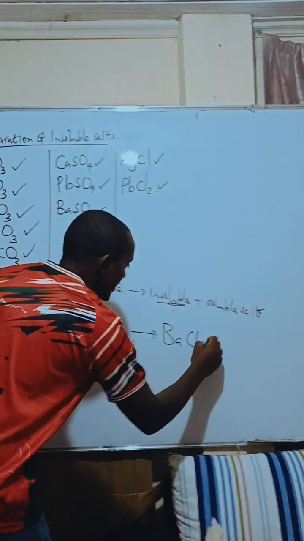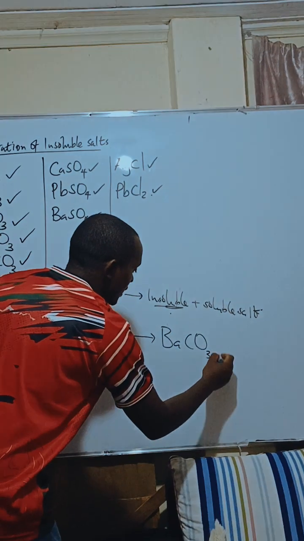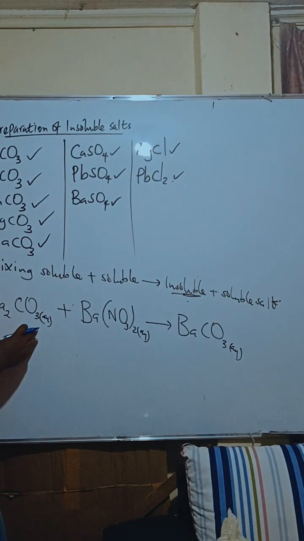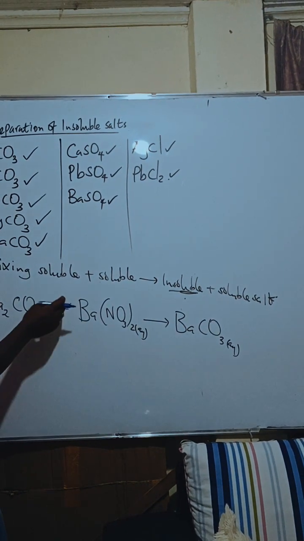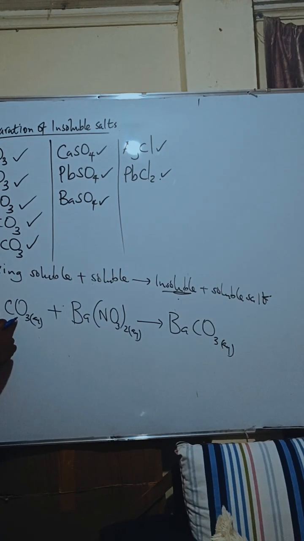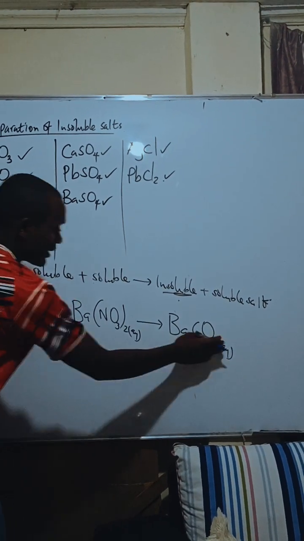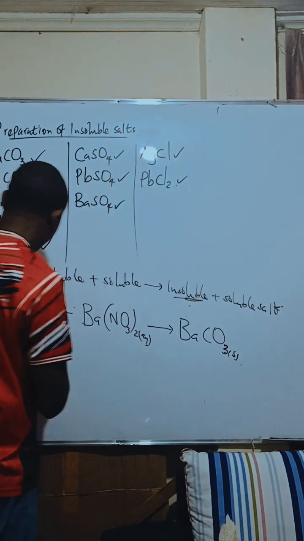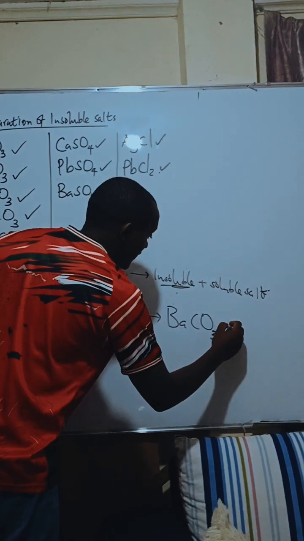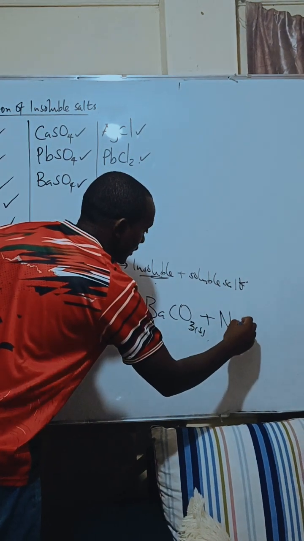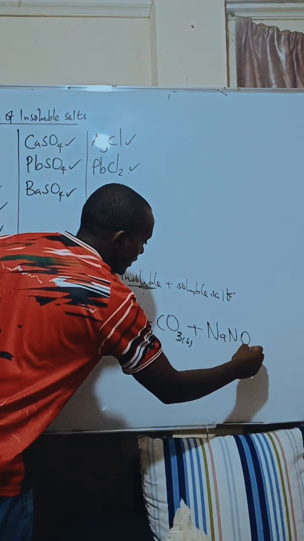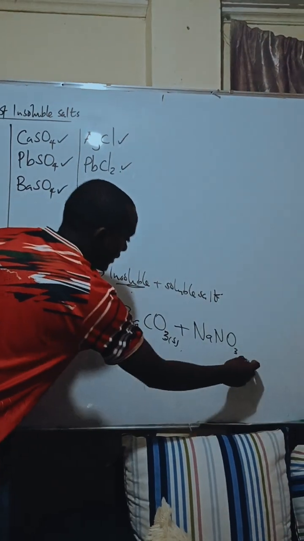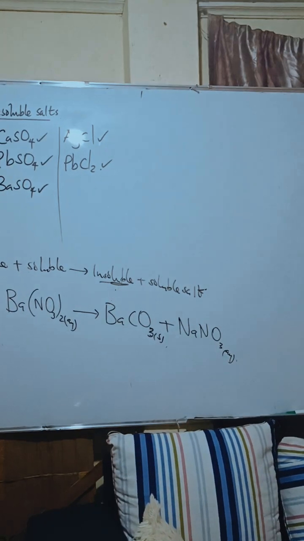They're going to exchange the anions to give barium carbonate. Barium will take carbonate ions because it's insoluble and it is a solid, so it's barium carbonate, solid, plus sodium nitrate, aqueous.